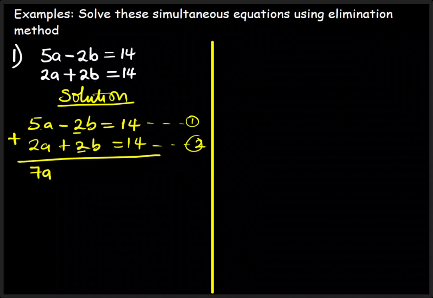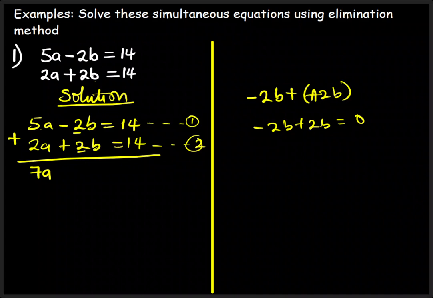We'll be having minus 2b, then plus 2b. Take note of the signs. So that means minus 2b plus 2b, and that will be equal to 0. So that will give us 0 here, and then it's equal to 14 plus 14, that will give us 28.